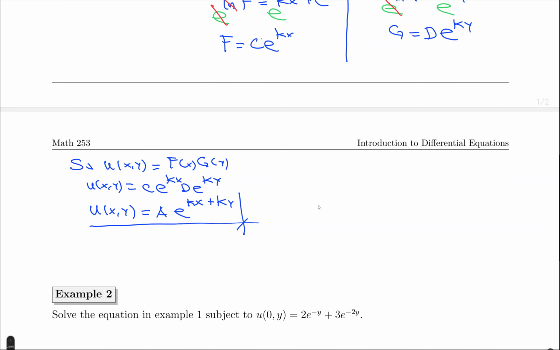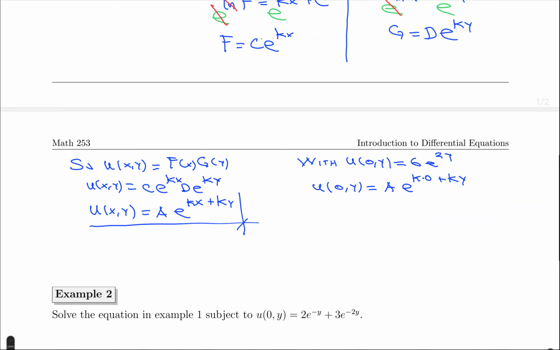So let me do that on the side. With u(0, y) = 6e^(2y), let's evaluate u(0, y) in the general solution. That is, u(0, y) = A e^(kx + ky), but x actually is 0 here, right?